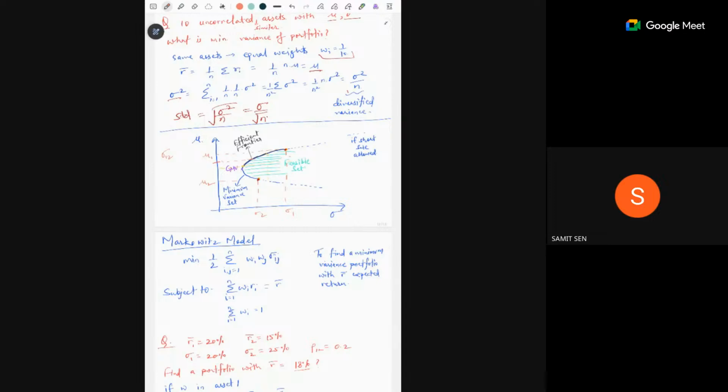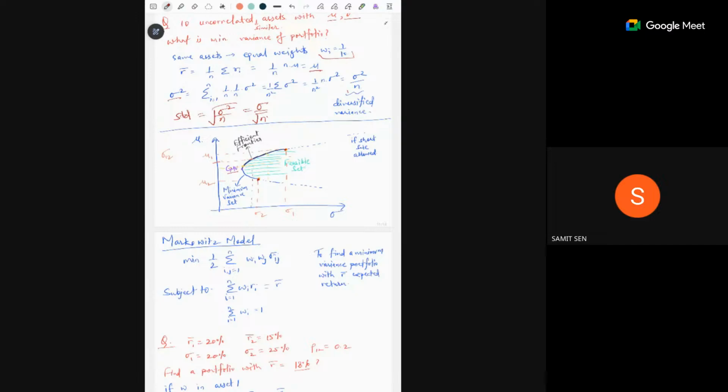That is represented by this purple point, and we call that the GMV, or the global minimum variance portfolio.